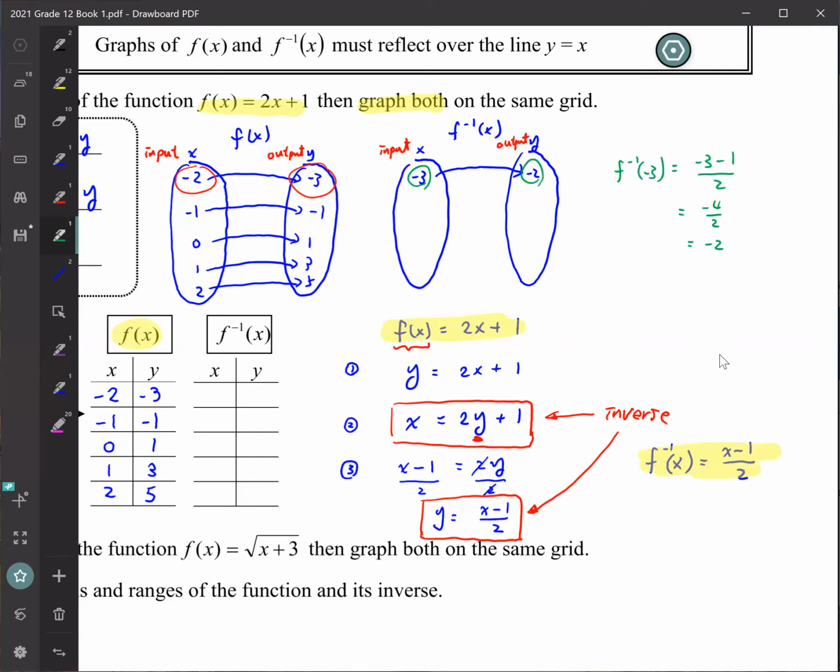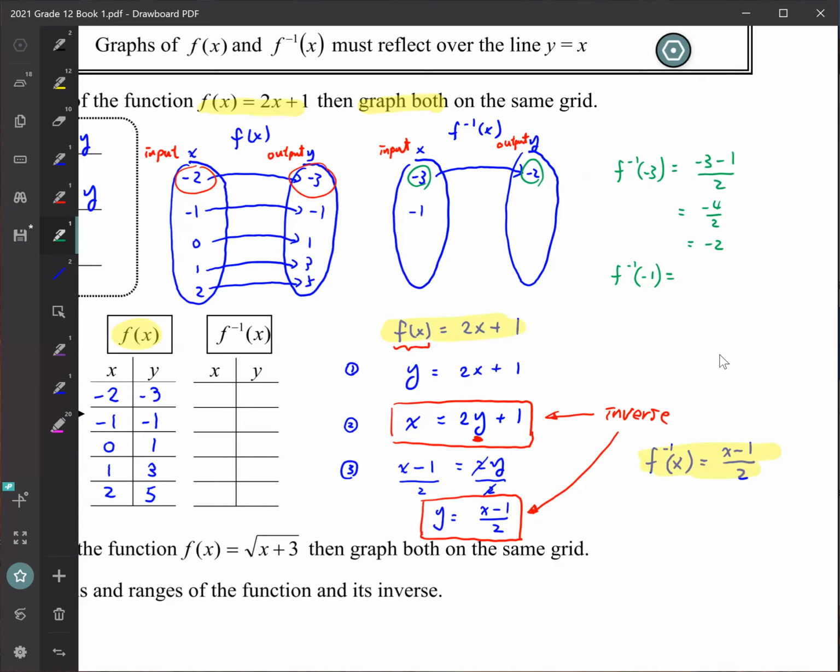Okay, let's try another one, see if it works. So let's say I plug in -1. So it will be f inverse of -1. Right, so Nick, how do I put it in? So you basically substitute x for -1.